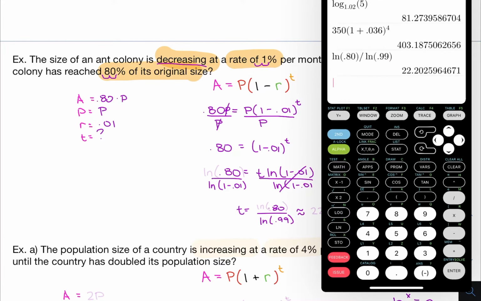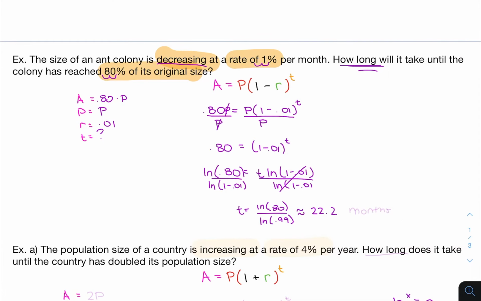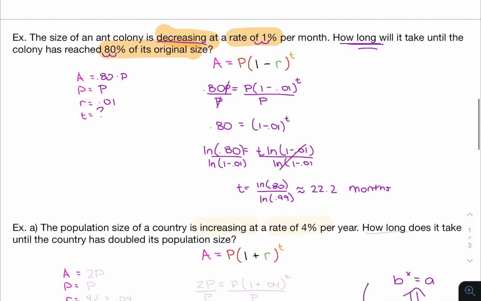So it's approximately 22.2. And we're talking about months, so that's 22.2 months for it to grow 80% of its original size. So let's look at the next one.